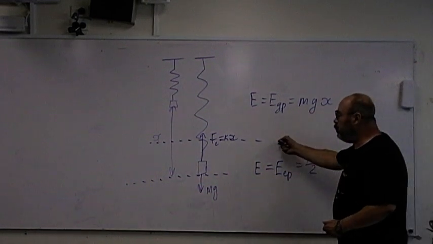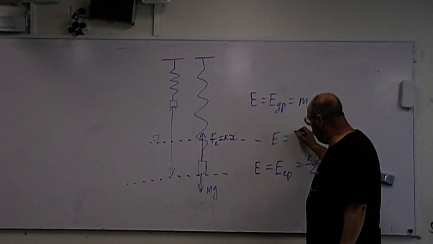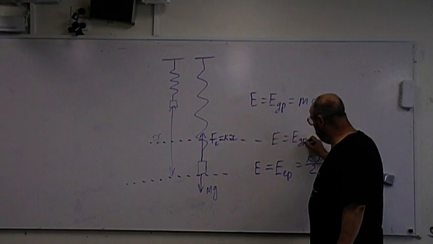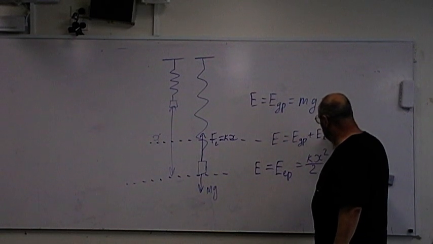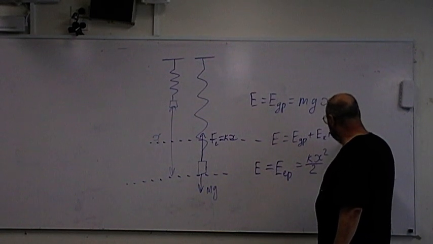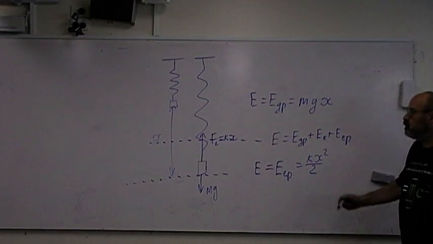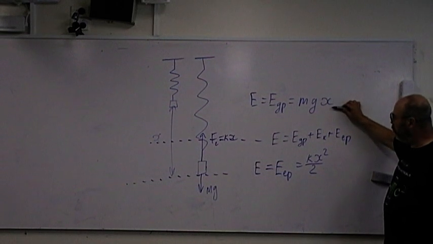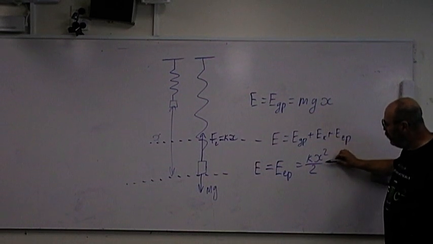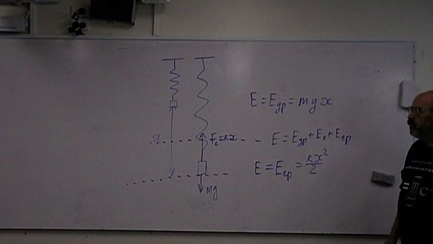And in the middle, it will have all three energies: some gravitational potential, some kinetic, and some elastic potential. But total energy will stay the same. At the top it's just gravitational potential, then it has all three, up to the very bottom, where it will all be potential.